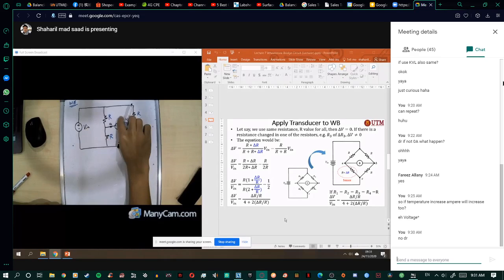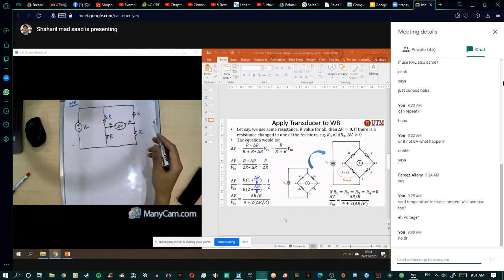Okay. Now, how about if there is a resistance change in one of your resistors? So how about this one, right? The resistance for this resistor is changed, it varies over time.